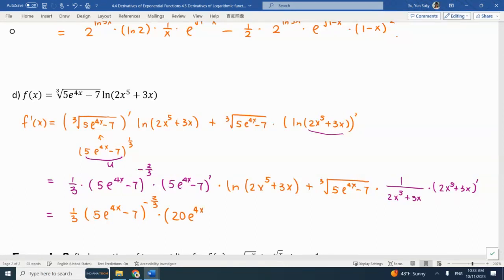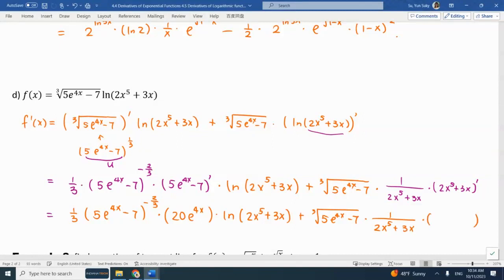Yes, right, everybody? And the derivative of 7 is 0. Okay, ln(2x to the fifth plus 3x). With no prime, we just copy it. It could be complicated, but it's okay. We just copy it. You don't need to simplify.